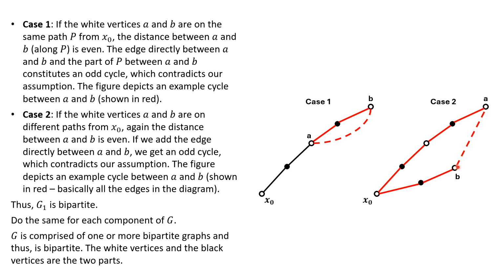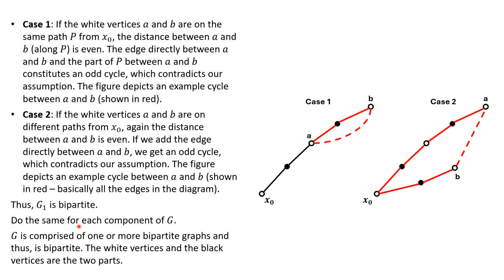And then this would be even again from x sub 0 to B. And then if we assume there was an edge directly between A and B, then we would have an odd cycle. So again, we contradict our initial assumption that all the cycles were even in our graph, or our subgraph G sub 1. Thus, G sub 1 is bipartite.